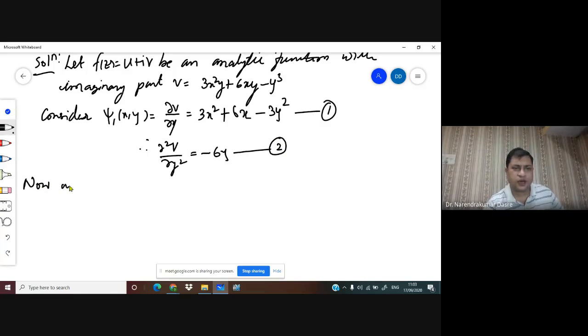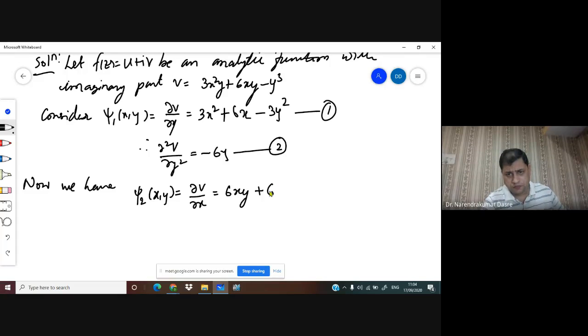And now we have ψ2(x,y) = ∂v/∂x. So the derivative with respect to x gives 6xy + 6y.